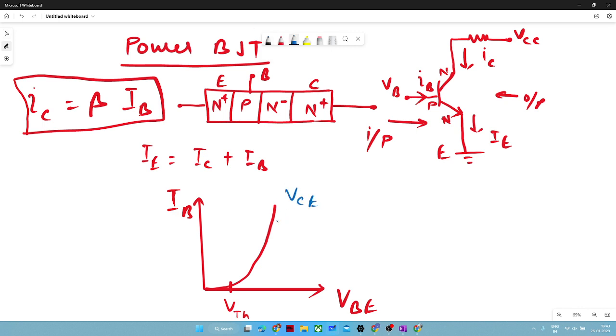So what will happen if we change the VCE? That we need to identify from the circuit here. So let's apply a KVL here. VCC is this voltage.